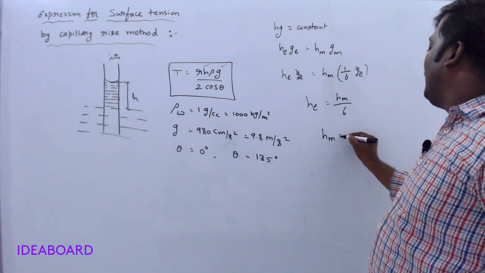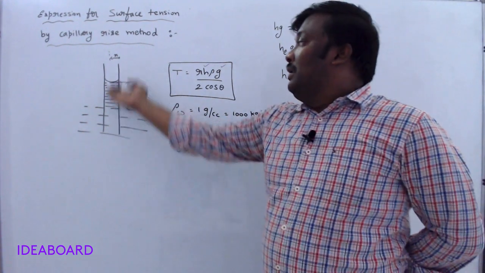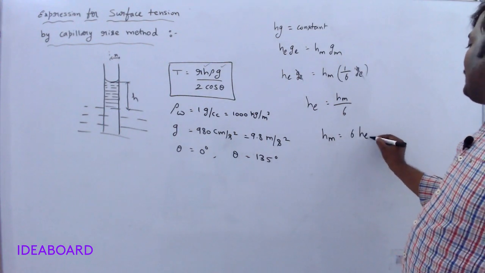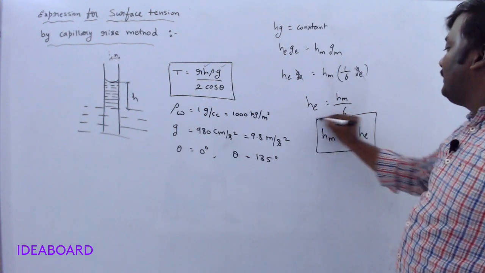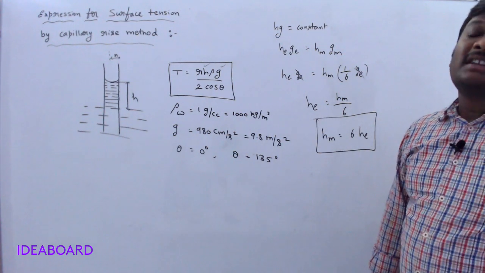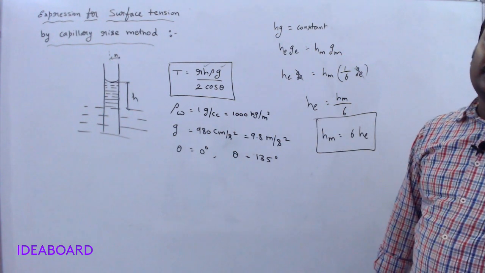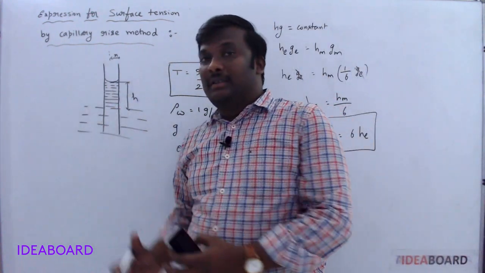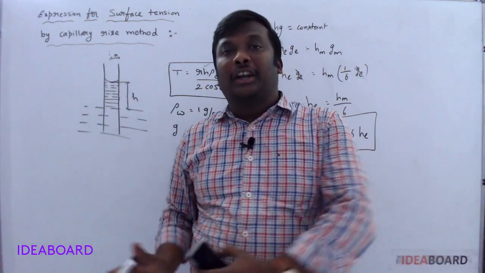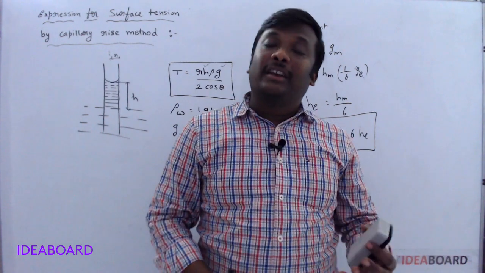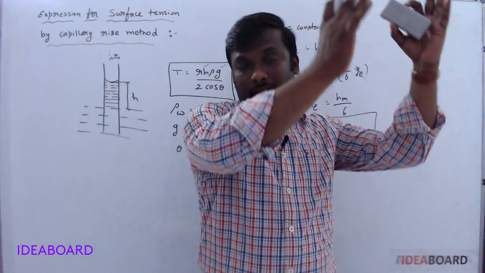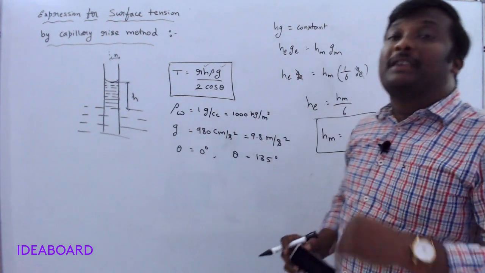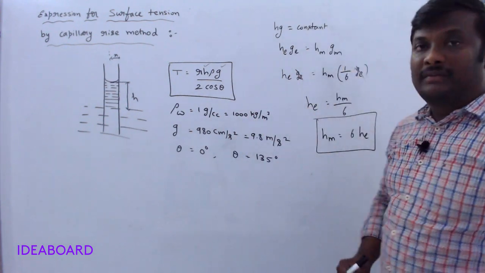So what is the height of the liquid column on the moon? It is nearly 6 times the height of the liquid column on the surface of the earth. So if you perform this experiment, the complete experimental setup, at different places, taken into the depth the value of g changes, taken into height the value of g changes. Understand now? So depending on g, it may change.